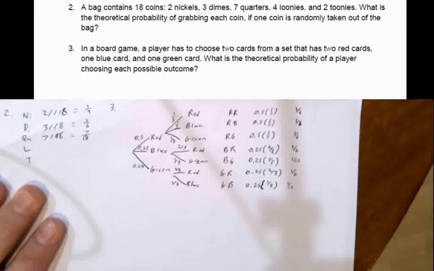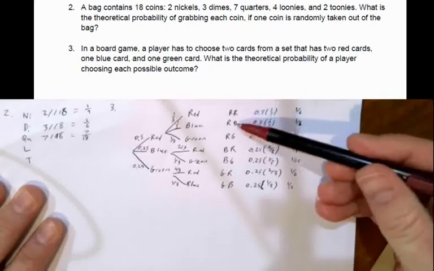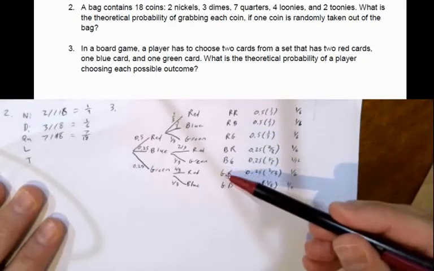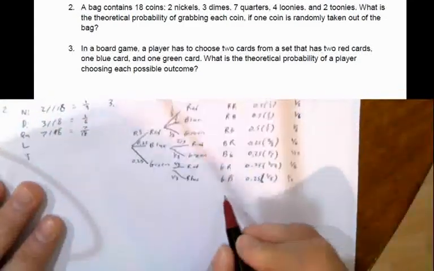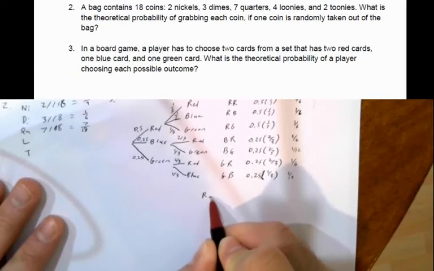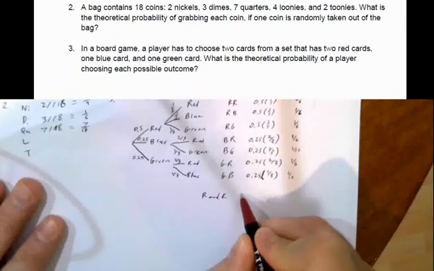Now the question says, what is the theoretical probability of a player choosing each outcome? And the outcomes, again, are 2 reds, a red and a blue, red and a green, blue and a red, blue and a green, green and a red, green and a blue. So we'll have to add, because if it's red and red, there is a 1/6 chance of that.